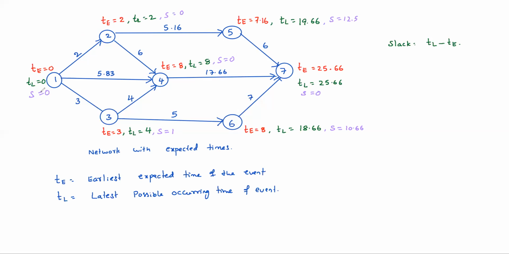Now critical path: the longest path is the critical path. The critical path always passes through 0 slacks.